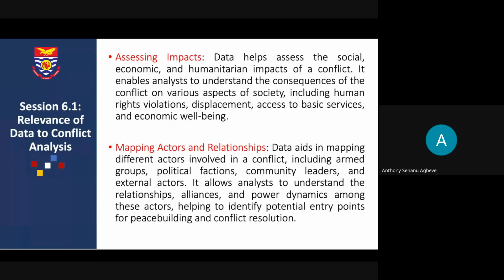So the data will help you to access all this information, so that at the end of the day, if you want to make any recommendation to the government, you see that, well, based on the data available, a lot more women and children are dying. So what recommendation can we put in place so that the death of men, women and children will be minimized?